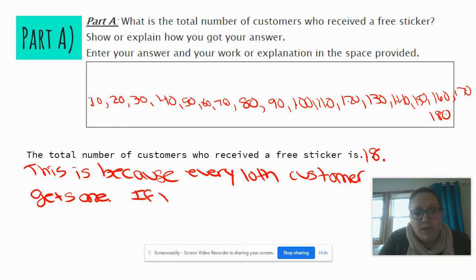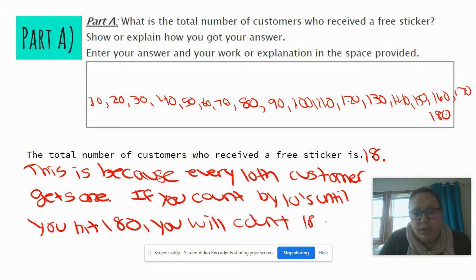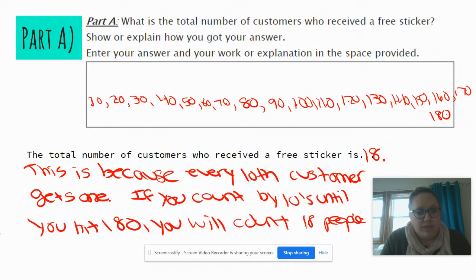If you count by tens until you hit 180, you will count 18 people. Therefore, 18 people got a free sticker.